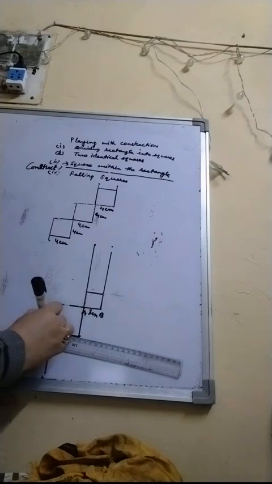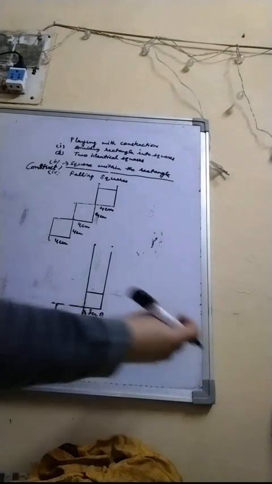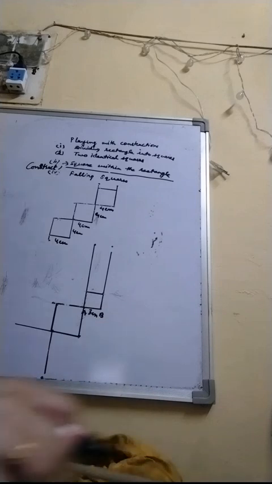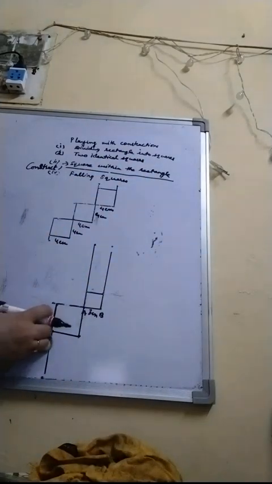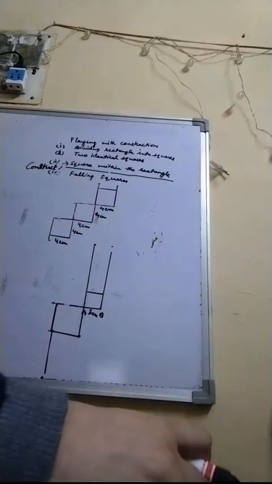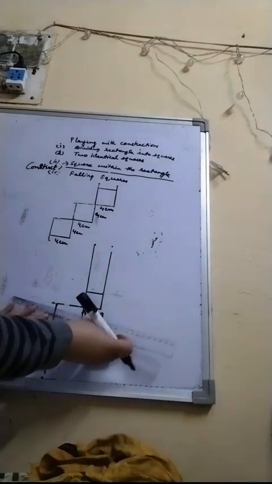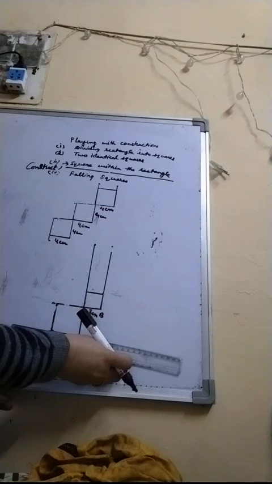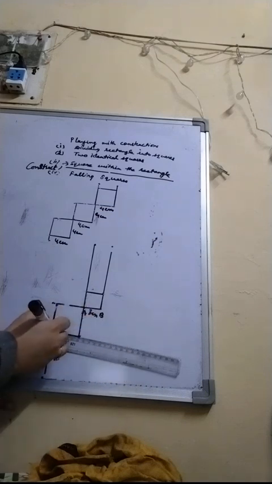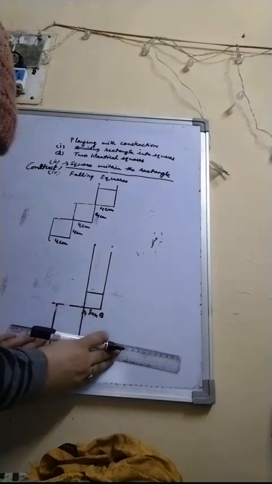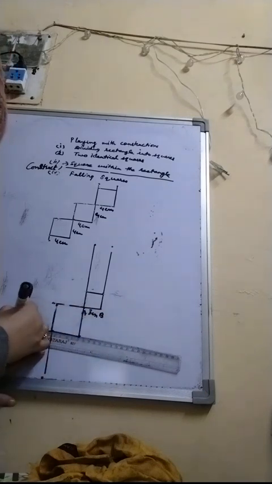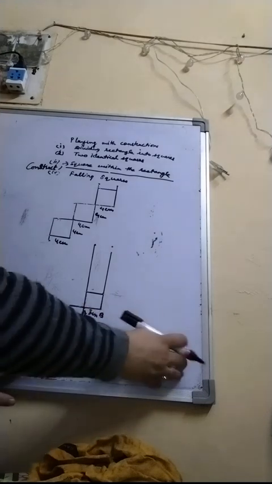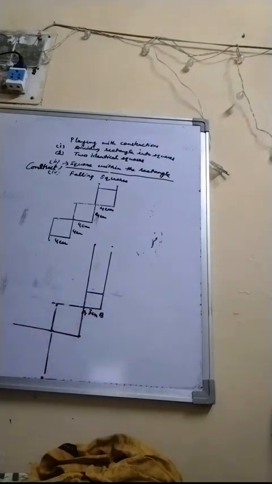So this is 7 centimeter. Okay. This is not exactly horizontal. In construction, your diagram should be neat enough.